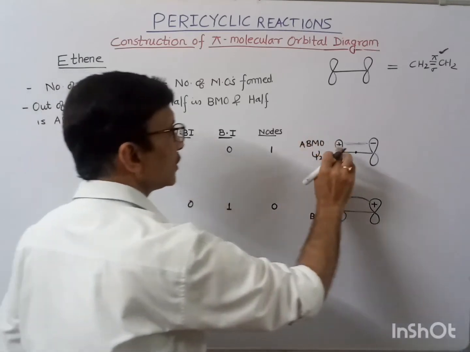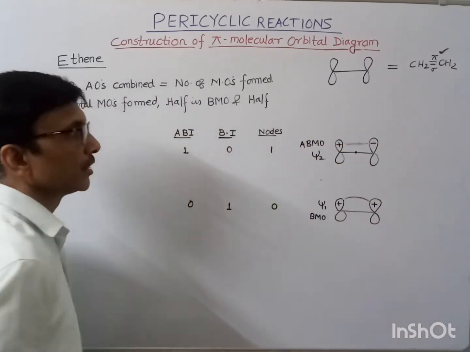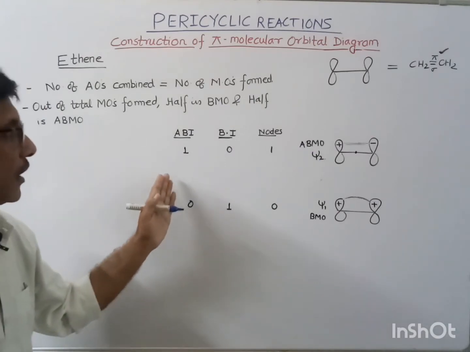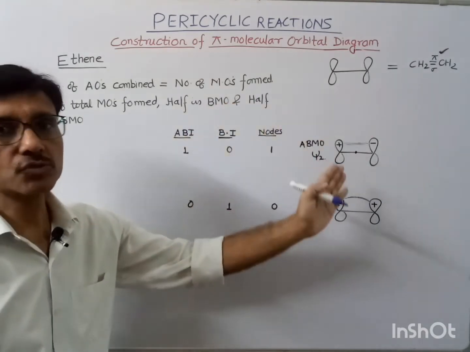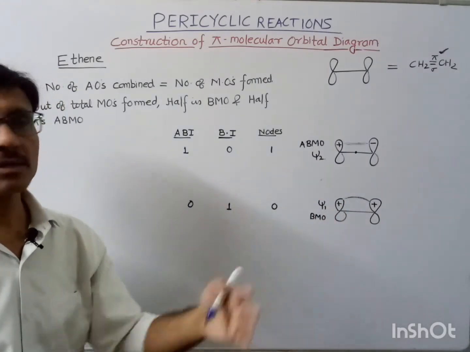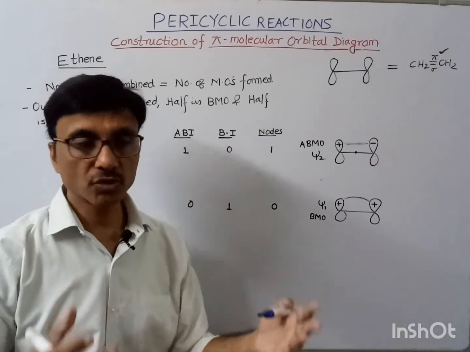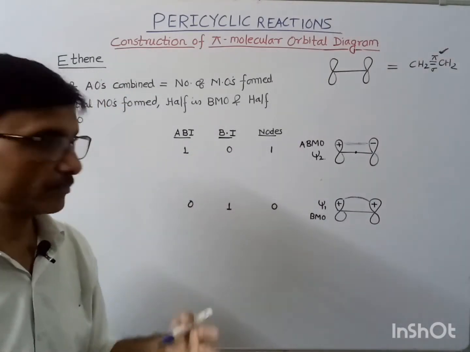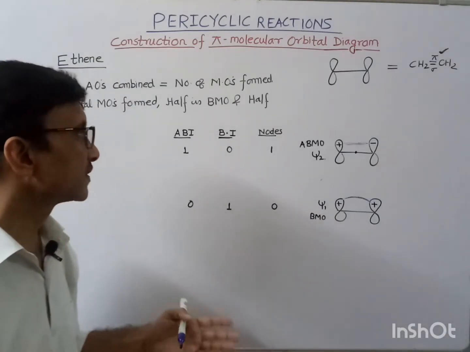The same thing we will also see for the other pi molecular orbital diagrams for conjugated systems like butadiene, hexatriene or octatetraene.